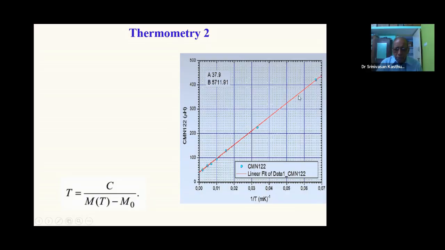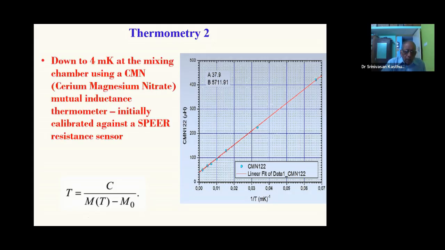Then you see it follows a straight line. So you will be able to use the formula T is equal to a constant divided by the magnetization at a particular magnetic field and a particular temperature minus M0. So using this, you will be able to calculate the temperature.